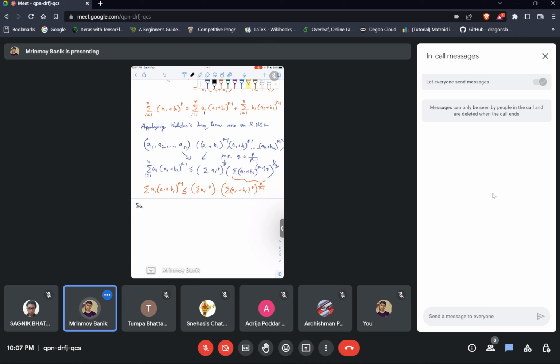Similarly, for the second term, bi times (ai plus bi) to the power p minus 1. Correspondingly, our observations are the sum over bi to the power p, whole power 1 by p, and ai plus bi. Sorry, the exponent is not p by p minus 1, it's the reciprocal of that, so it's p minus 1 by p.